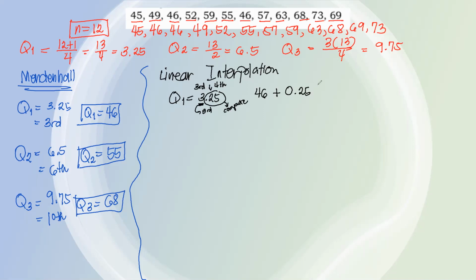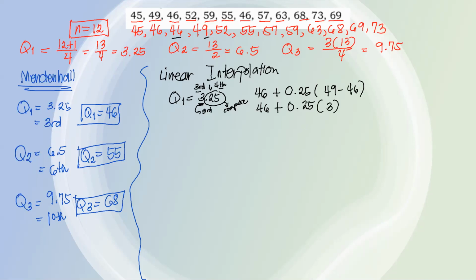Pero, kailangan mo siyang i-compute na dapat i-consider mo yung third at fourth na data. Madali lang yun, di ba? Ito yung third, ito yung fourth. So, kunin mo lang yung difference nilang dalawa. So, we have 46 plus 0.25 times 49 minus 46, that is 3.